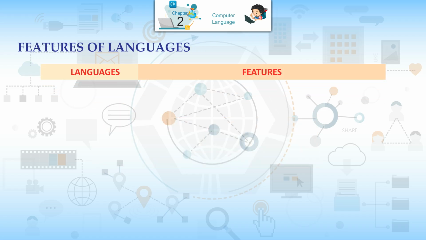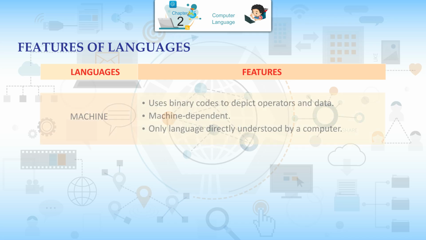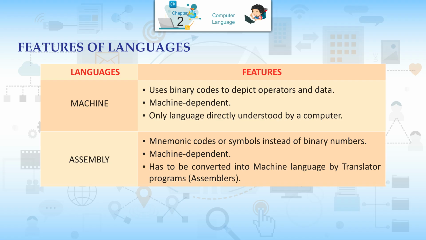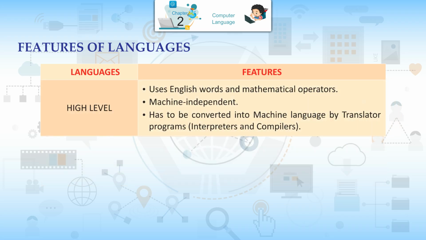Features of languages. Machine: uses binary codes to depict operators and data. Machine dependent. Only language directly understood by a computer. Assembly: mnemonic codes or symbols instead of binary numbers. Machine dependent. Has to be converted into machine language by translator programs, assemblers.